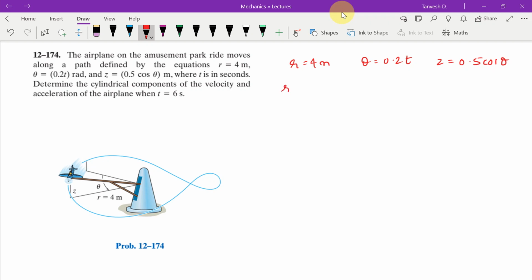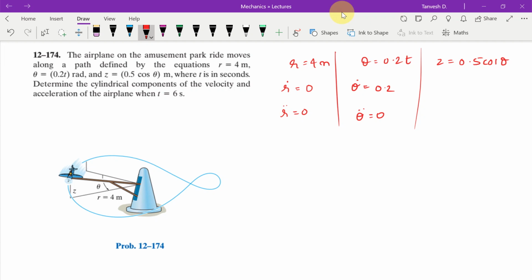Hence r dot, the velocity along the radius, is 0, and r double dot is also equal to 0. Theta dot is 0.2 and theta double dot will be 0. This also we understand. Now coming to z.